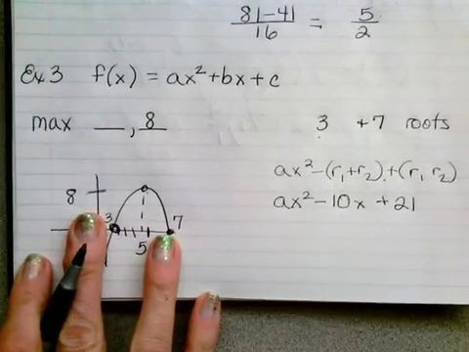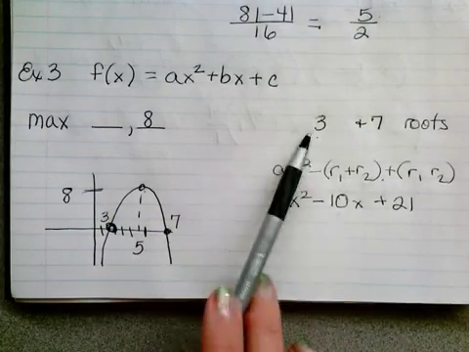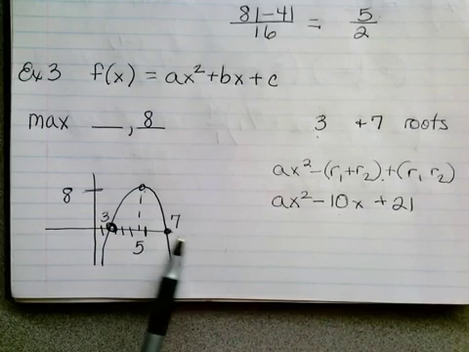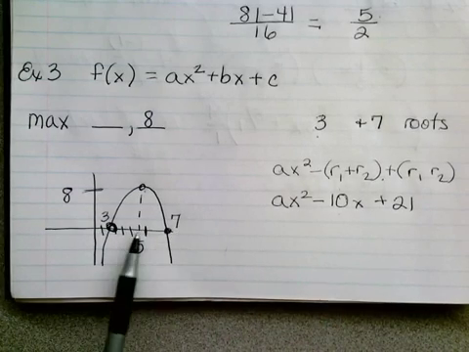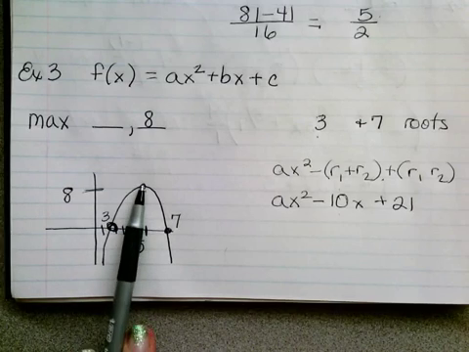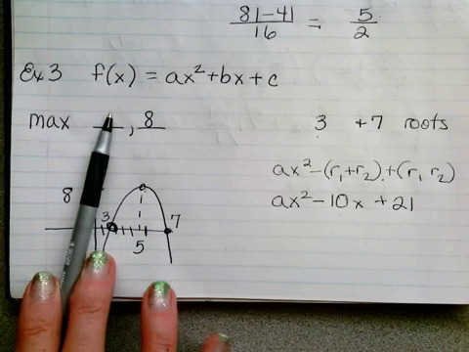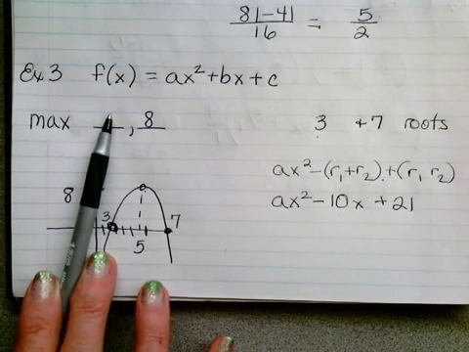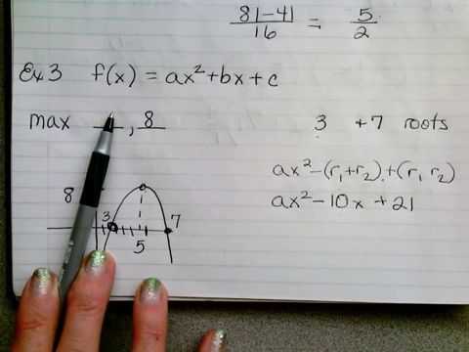See, I don't have to solve anything. I just know that if 3 and 7 are my x-intercepts, the point halfway between is going to be the top of my parabola that goes with my max. So now I'm even able to find my vertex.